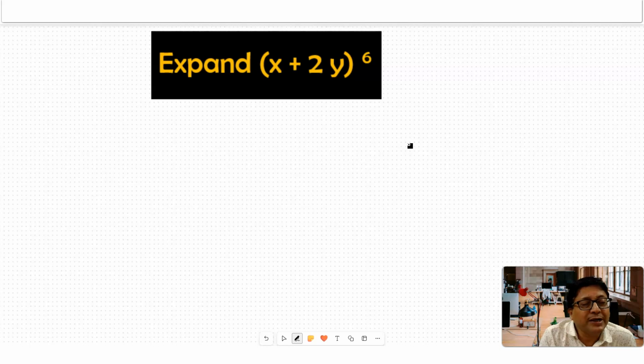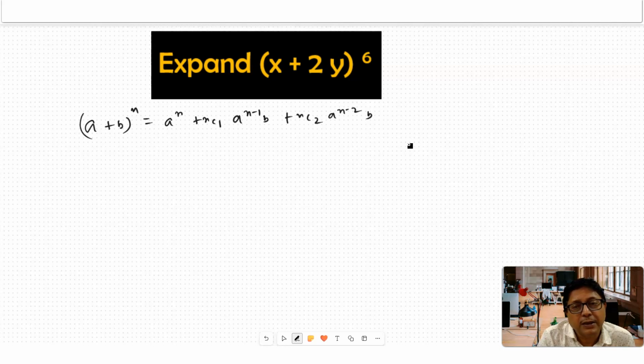We'll remember the binomial theorem in our mind: (a plus b) to the power n is a to the power n plus nc1, and this way it continues. So if you try to expand (x plus 2y) to the power 6, here a is x, n is 6 and b is 2y.